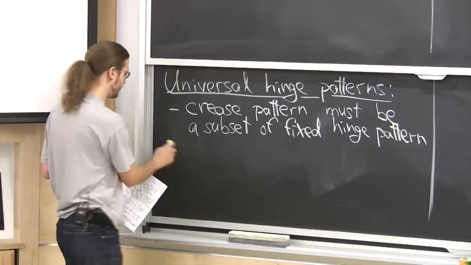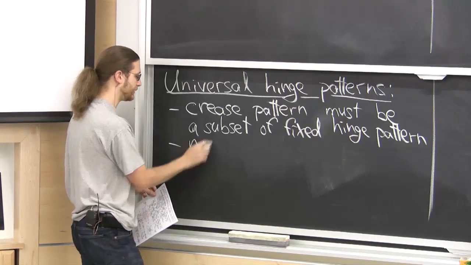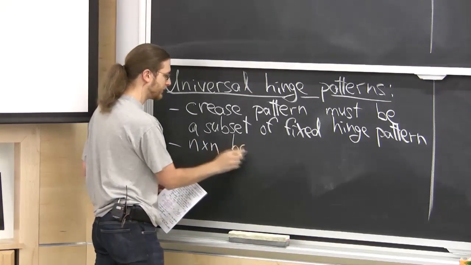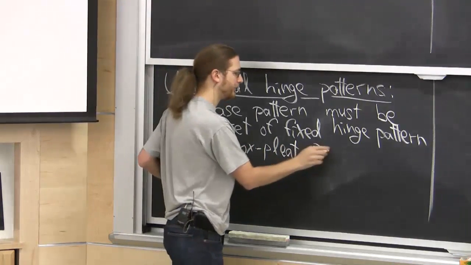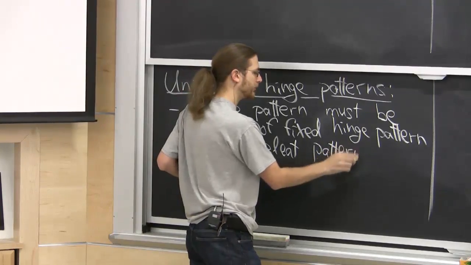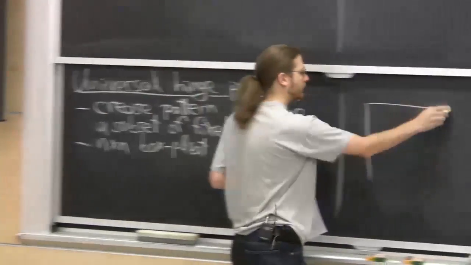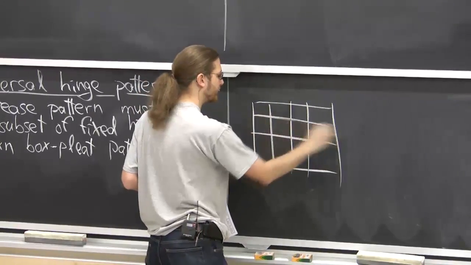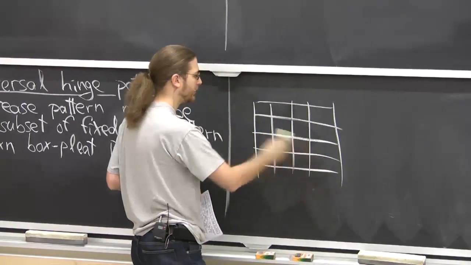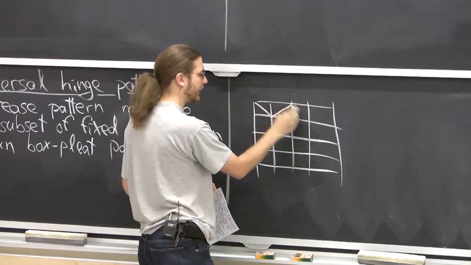And here's the theorem that formalizes this idea of lots of things. We're going to take the box pleat pattern from an n by n grid. So you take a square grid, n by n, and then you fill in alternating diagonals.